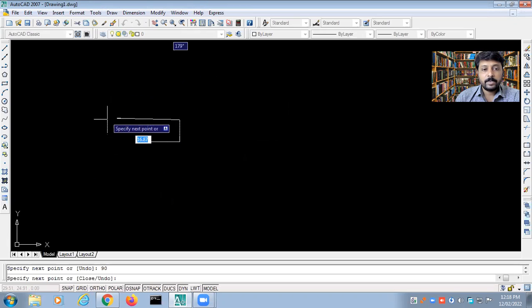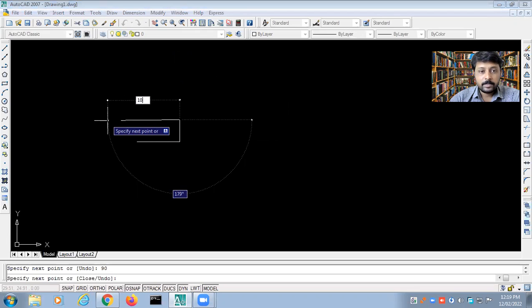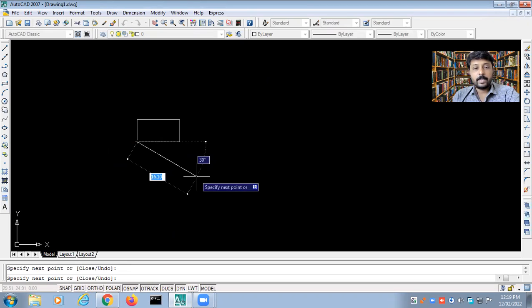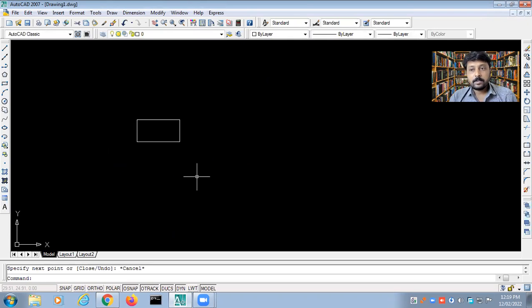Now we had to complete this on the left side, so we took the length as 10 and the angle as 180 instead of 0. We got 2 points, and by using escape we get this rectangle. This is what we discussed yesterday.